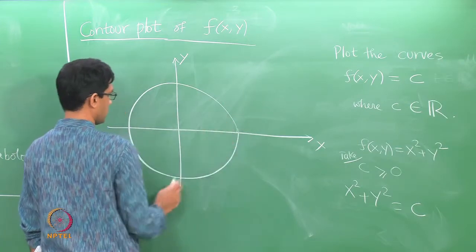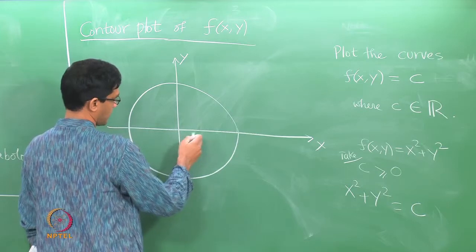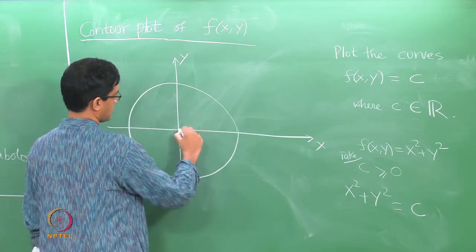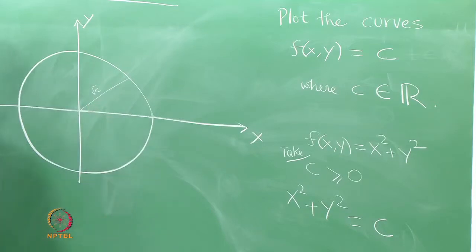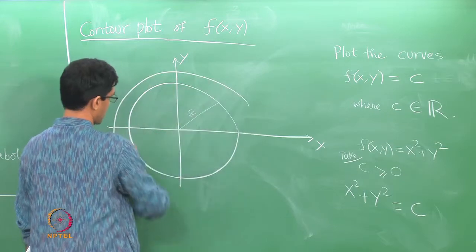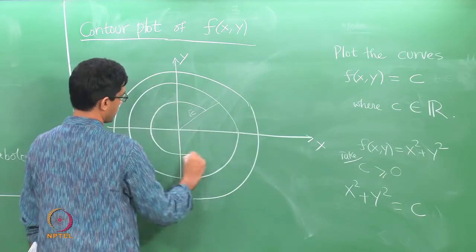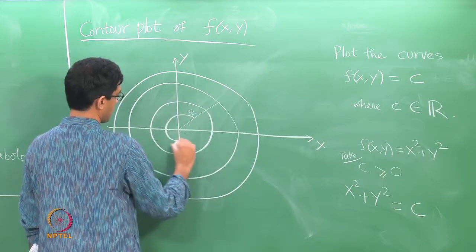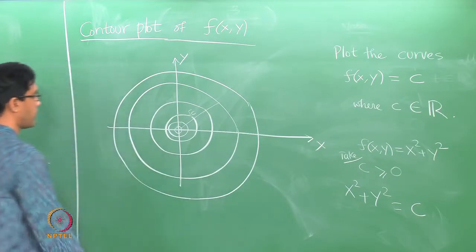So, here is the circle with center the origin and radius square root of c. And if I change the value of c, the radius is the square root. So, if I increase the value of c, I will get larger and larger circles, whereas if I decrease the value of c, what I get is circles of smaller and smaller radii.